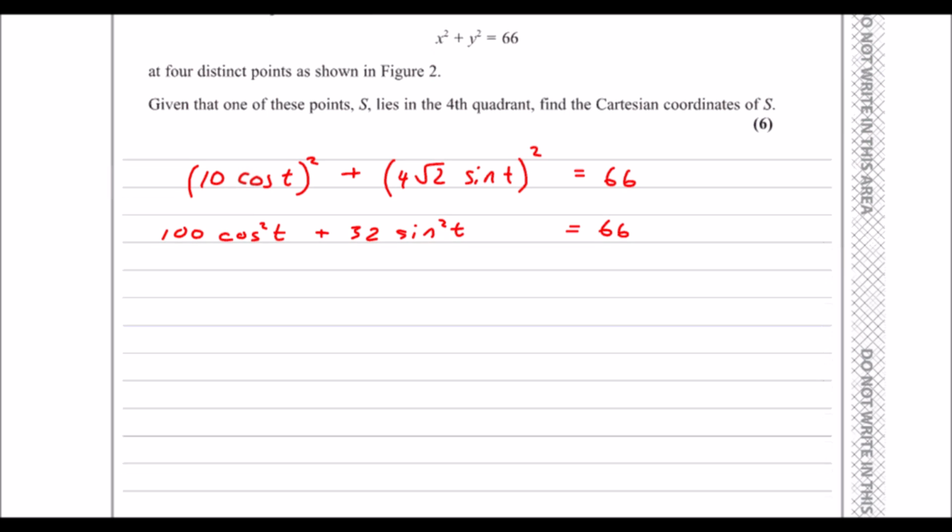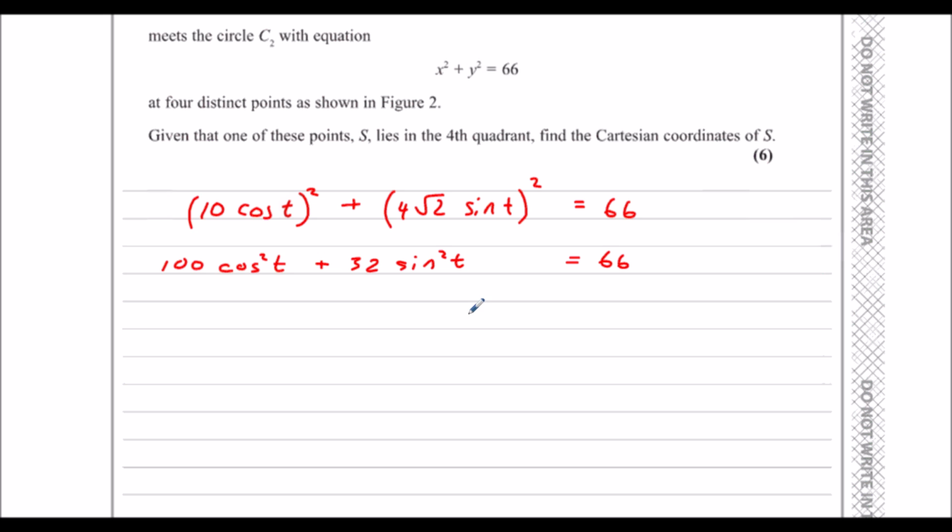We can get rid of one of them using cos squared t plus sine squared t equals 1. It doesn't matter which one we get rid of. Let's get sine by itself. So take cos squared t away from both sides. So sine squared t is 1 minus cos squared t.